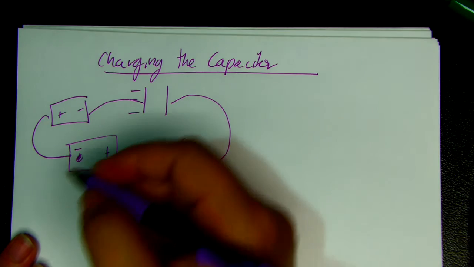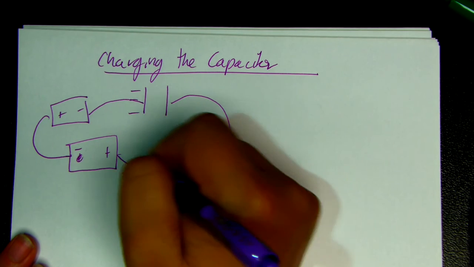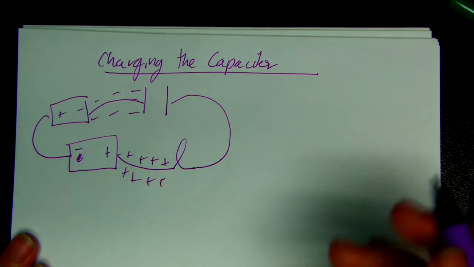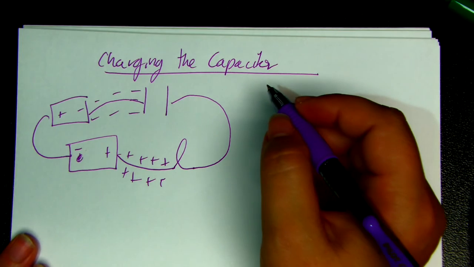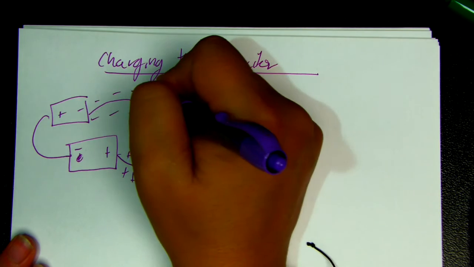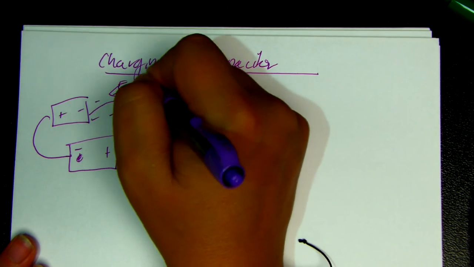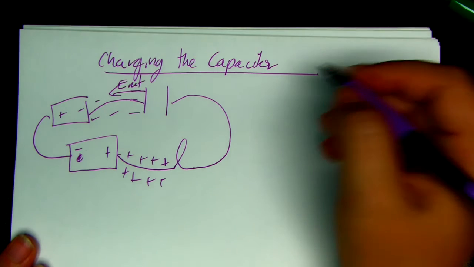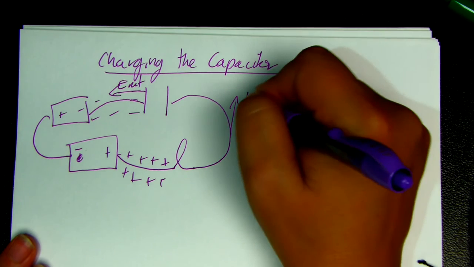Okay, so here we have a circuit that has just been connected with the capacitor and the batteries. And so we're going to step through again what's going to happen.